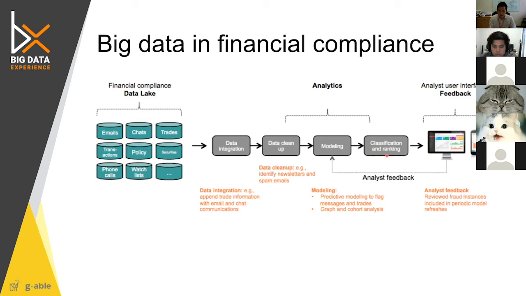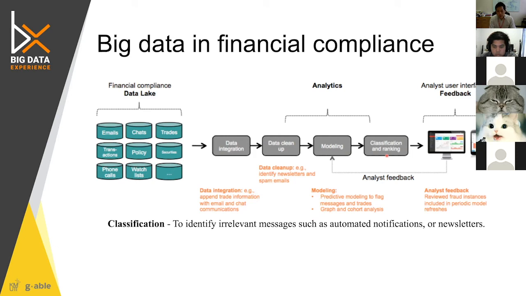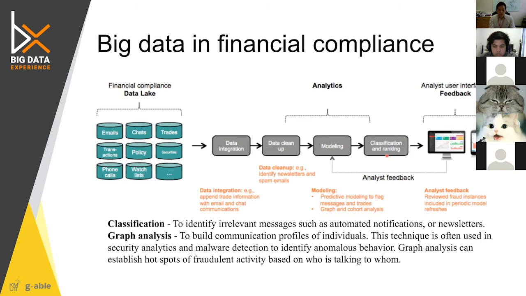That might be a problem. To do that, the model itself needs to classify the message. The message is text, so it needs to classify text data, right? You need the ability to do graph analysis to identify which people are involved with which people.